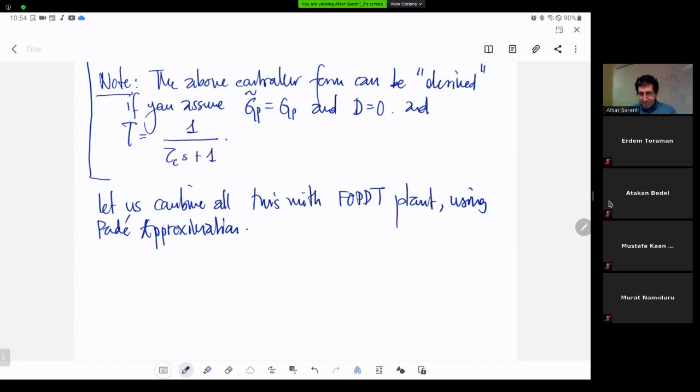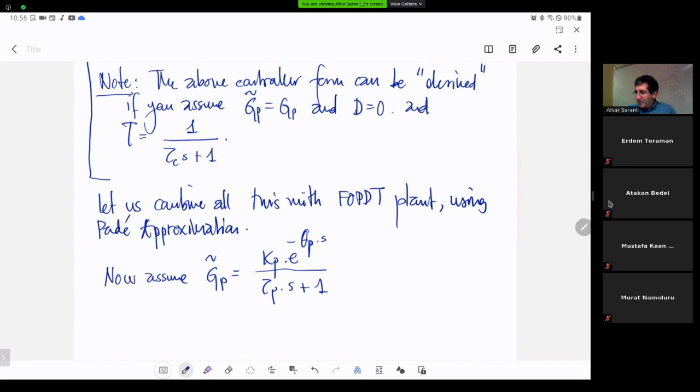So now assume that we have a model GP tilde, and the model is first order plus dead time: e to the minus theta p s over tau p s plus 1. Sorry about that. Sometimes I use theta d, sometimes I use theta p, but what I mean is basically the plant time delay.